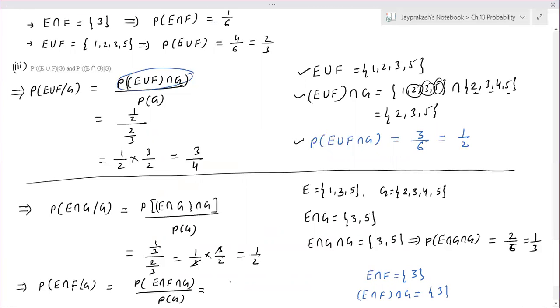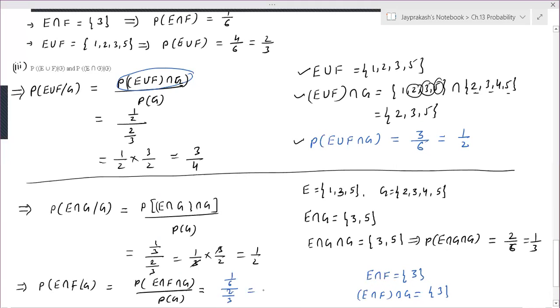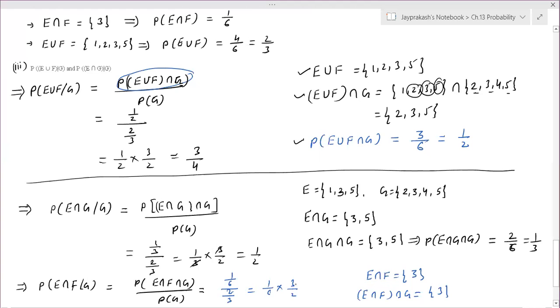So the probability of this will be 1 by 6, then divided by 2 by 3. So 1 by 6 into 3 by 2. So the final probability will be 1 by 4.